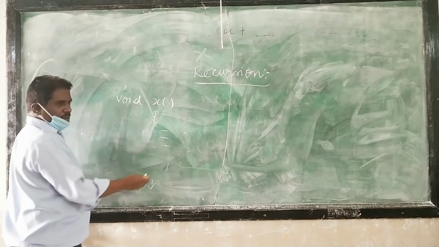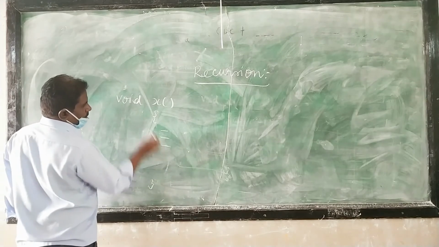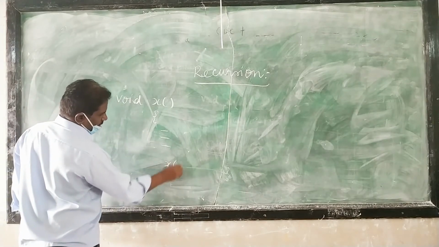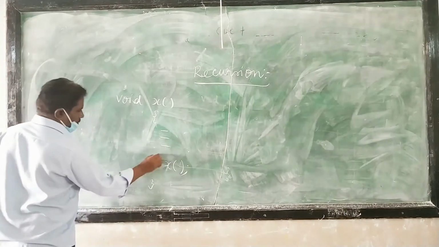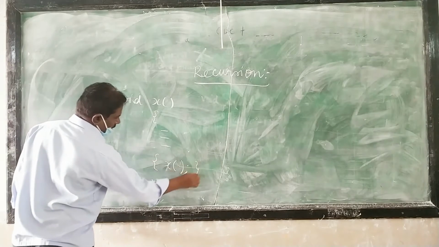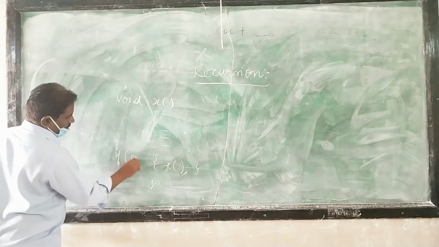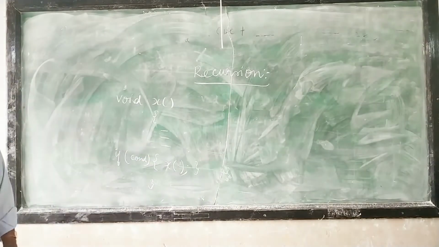It can have any number of commands within the function, and there should be one function call, x of, and that function call must be written within the condition. So in such a way we have studied.